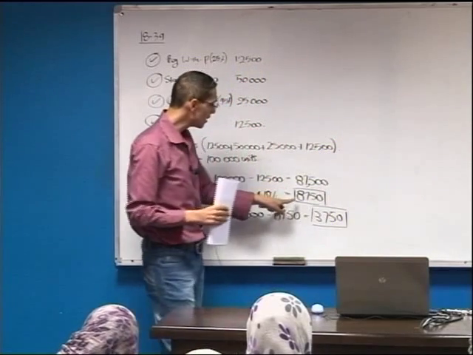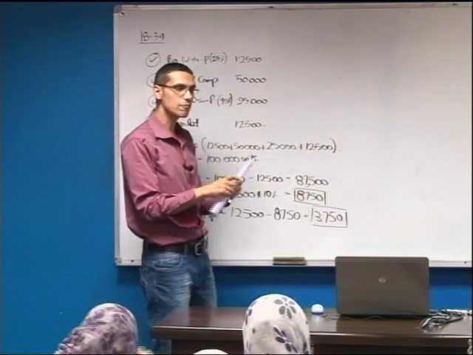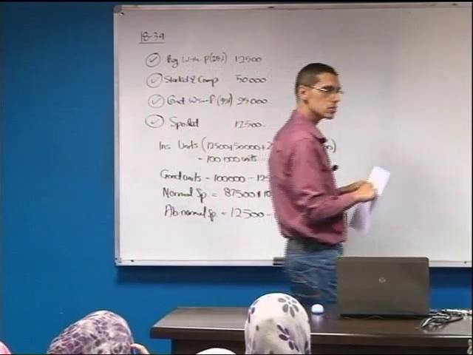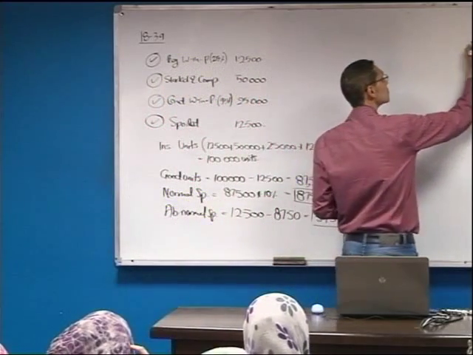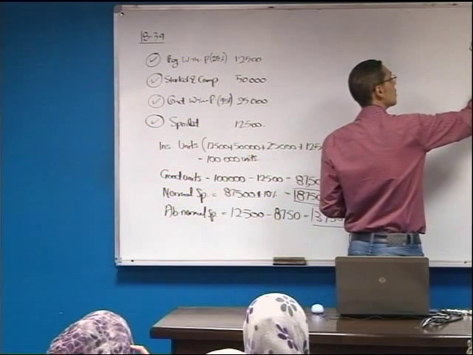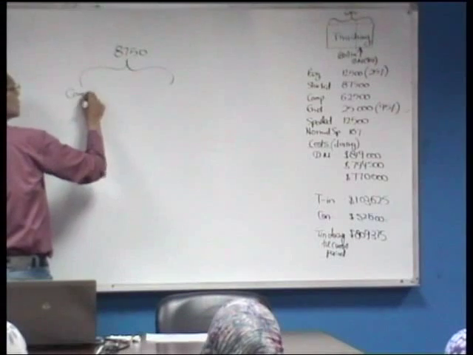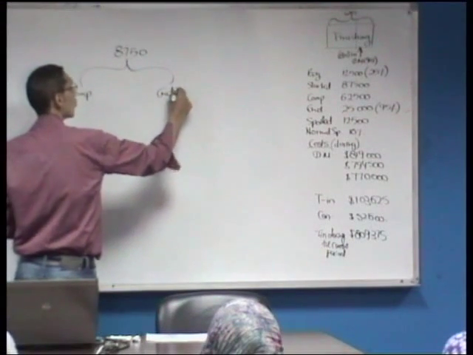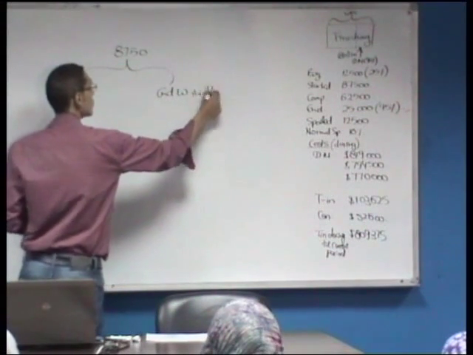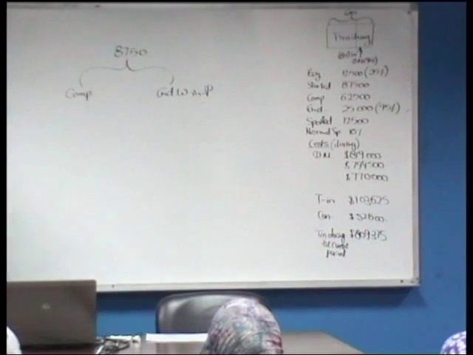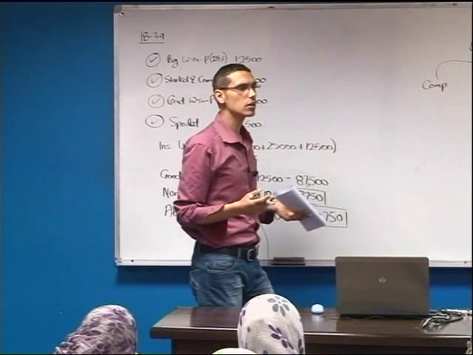Now we need to divide the 8,750 onto two numbers, correct? We need to divide them in order to allocate them either on the completed or the ending work in process, correct? Because both are good units. So what do you think?